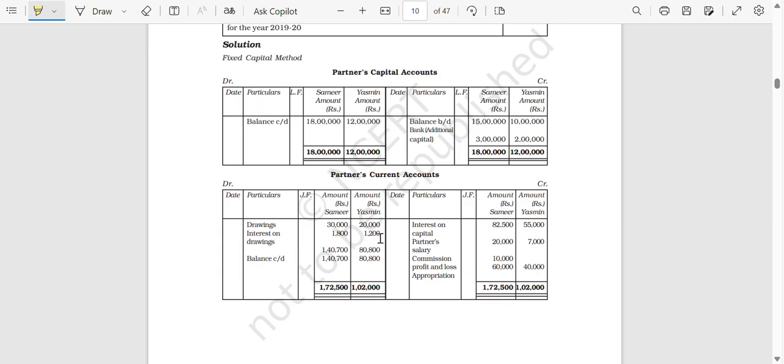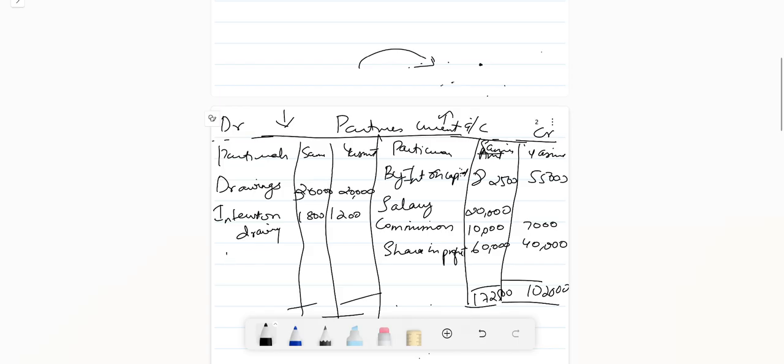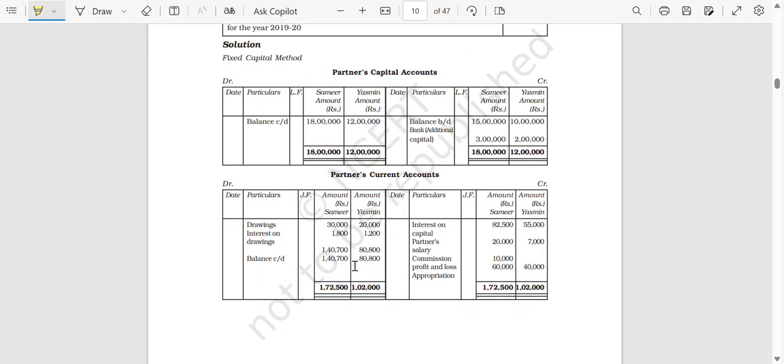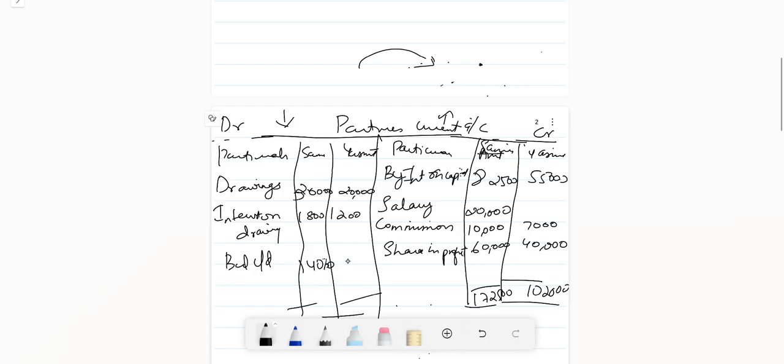So drawings is how much? 1 lakh for minus, if you do, the balance carried down will be 1,40,700 and 8,800. 1,72,500, 1,02,000. So this is the partner's current account. Okay.